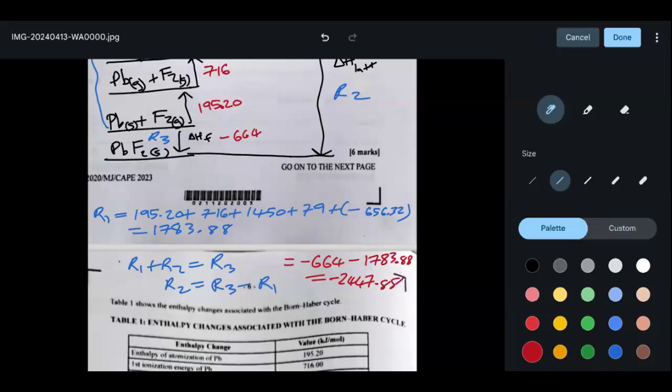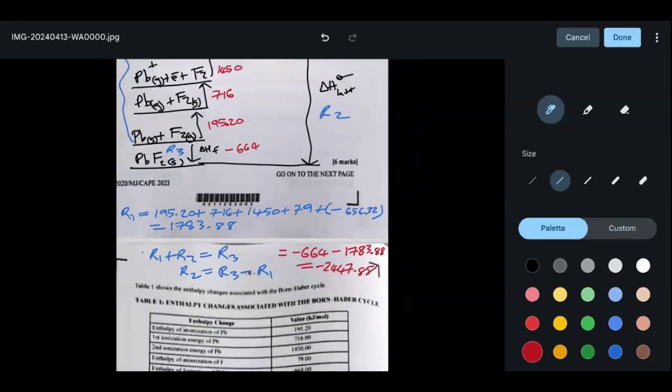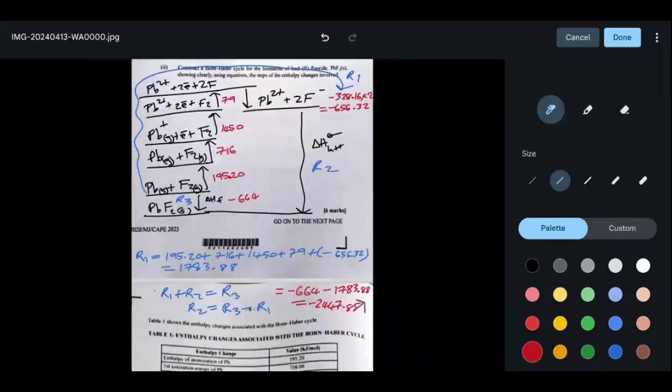I also specifically did it with just the one electron affinity, and when I did that, I got negative 2776. So anybody that got negative 2776 would have been on the correct path. It's just that we would multiply it by 2. That is how we should have done this one. So you should be good with Born Haber after this.